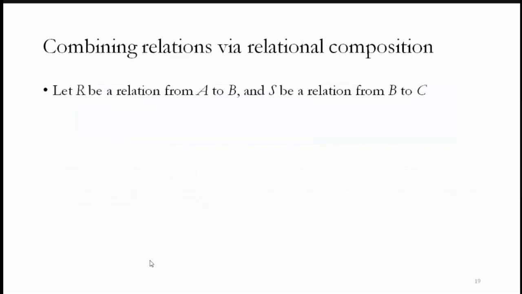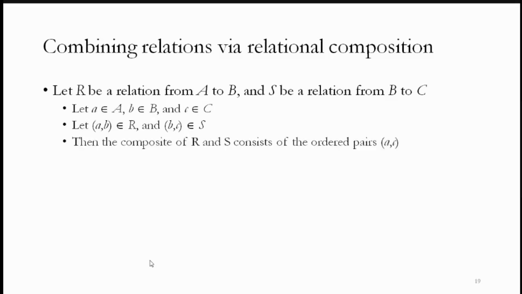Let R be the relation from A to B, and S be the relation from B to C. Then a belongs to capital A, b belongs to capital B, and c belongs to capital C. Let a comma b belong to R, and b comma c belong to S. Then the composite of R and S consists of the ordered pairs a comma c, because here a comma b belongs to R and b comma c belongs to S. Here the second element of the first ordered pair and the first element of the second ordered pair matched.